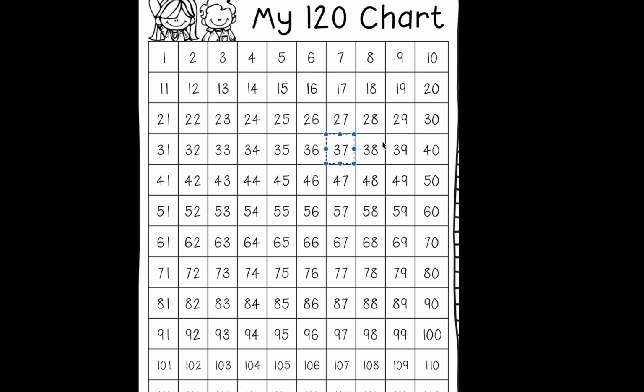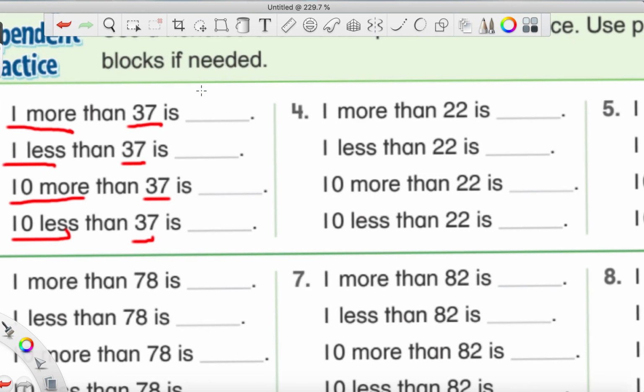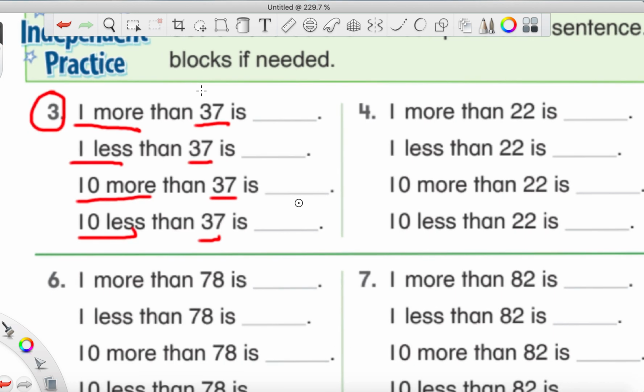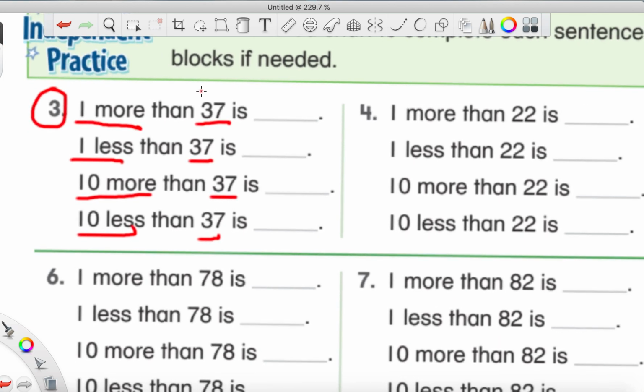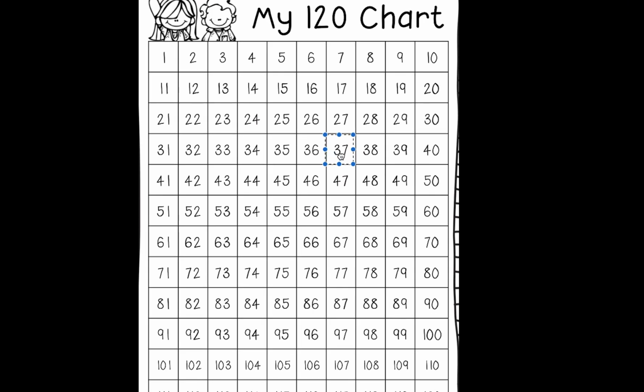Okay, so we have 37. See 1 more. We hop over 1. We have 38. So 1 more than 37 is 38. Let me zoom in a little bit more here. One less than 37. We can go back to our 100 chart.